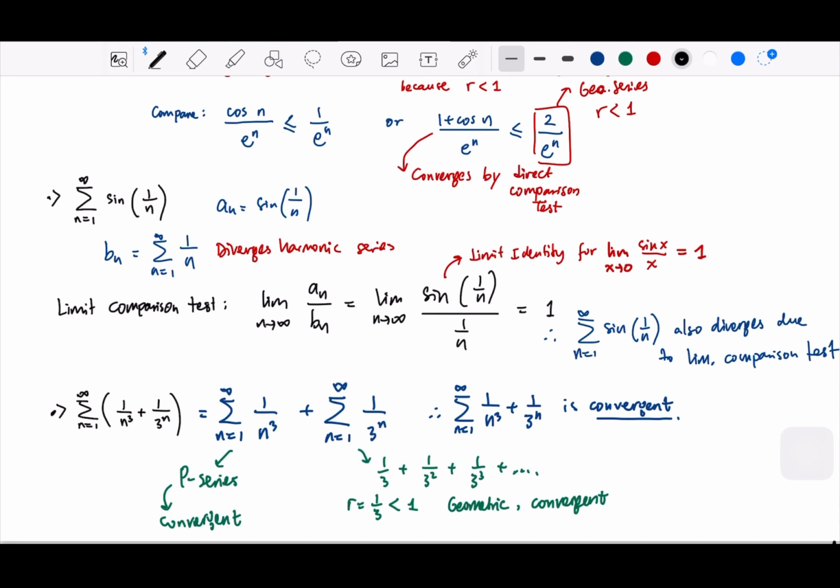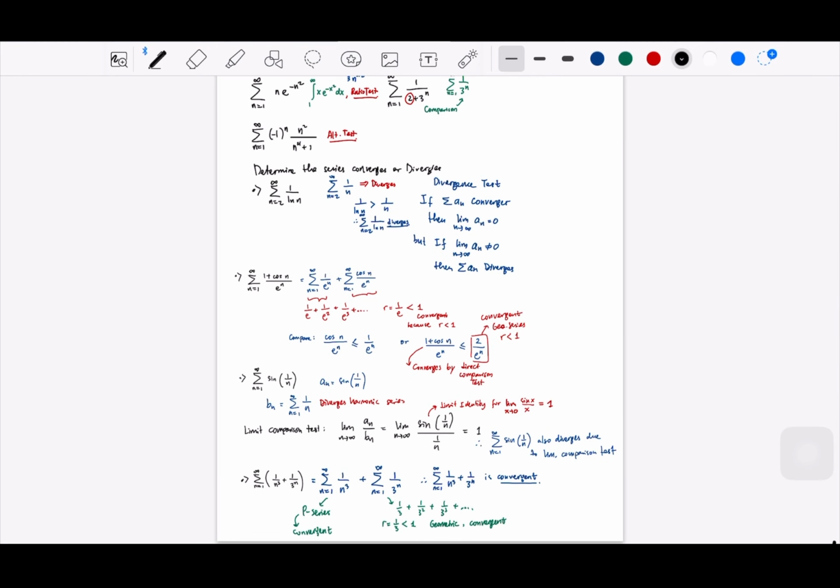Okay, now for the next section, we're going to study what we call the power series. Okay, now let's move to the next page.